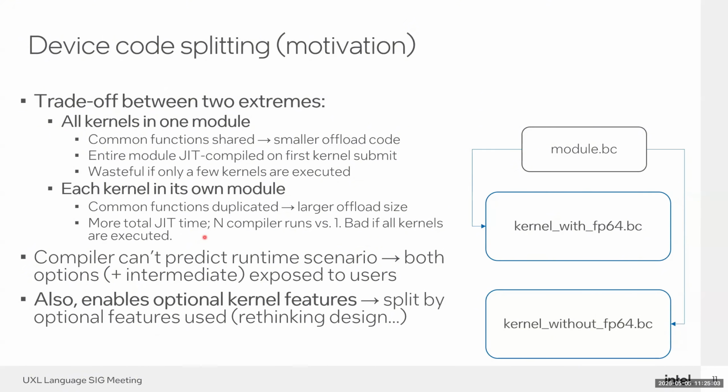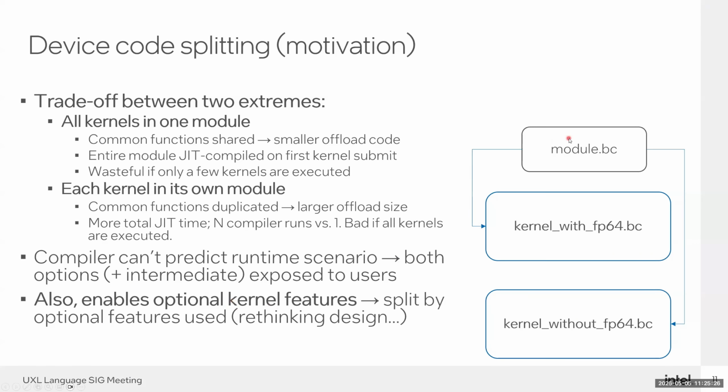Also, device code splitting is enabling optional kernel features, which is part of the SYCL 2020 standard. With device code splitting, you can split kernels by optional features used in kernels. On the right is an example.